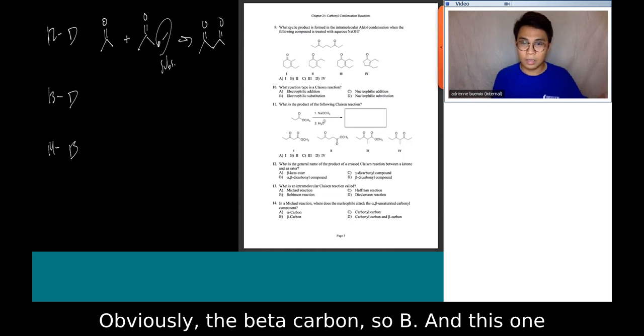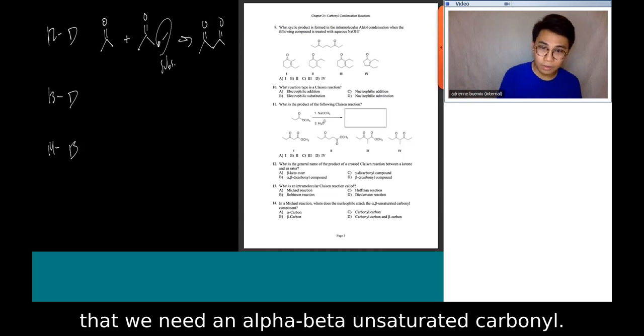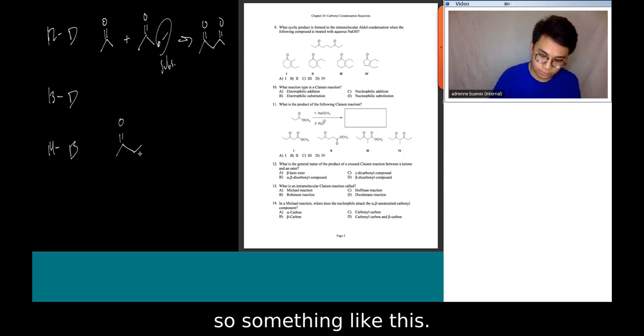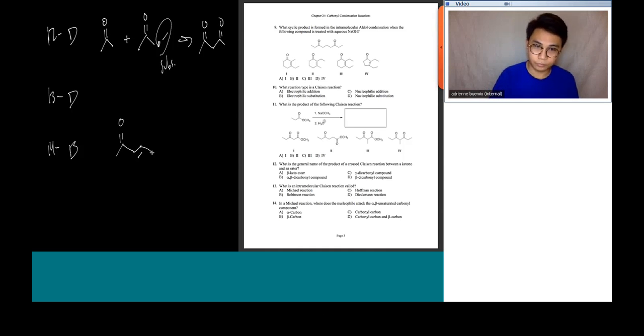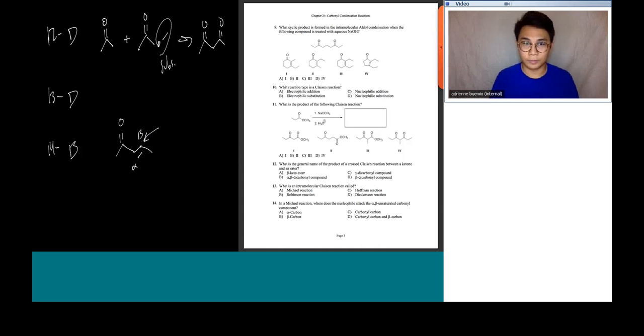In a Michael reaction we know for sure that we need an alpha beta unsaturated carbonyl, so something like this, right? And this is where it attacks, the beta side. Okay, that's it for 14.